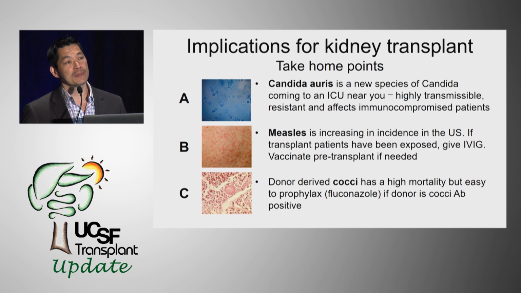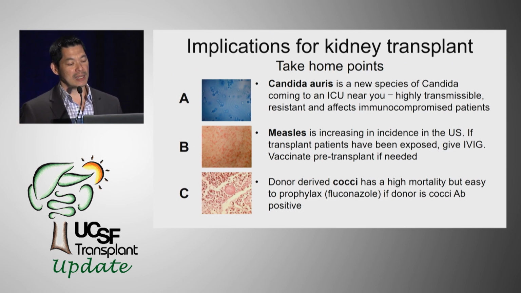If you're not sure when you'll get the results back and you're convinced that the exposure is real, you should give IVIG. Whether or not we should be working up our pre-transplant patients more carefully with titers remains to be seen. There's no official guidance around that, but depending on whether the epidemic increases, and for all intents and purposes it seems so, that might be something we can discuss.